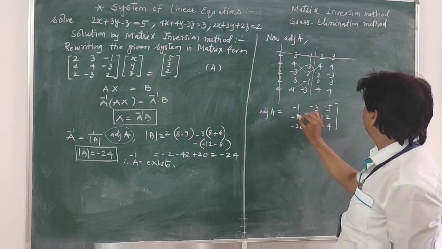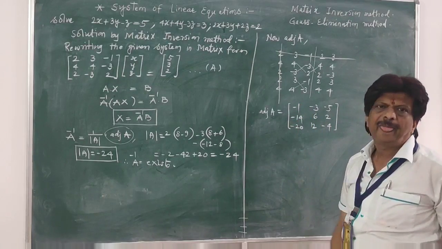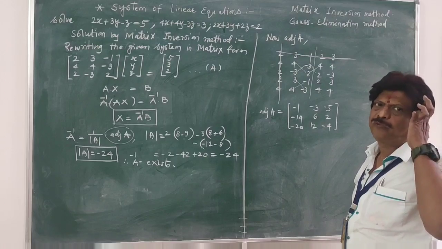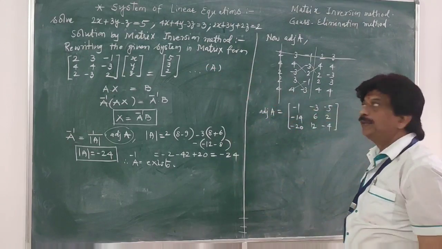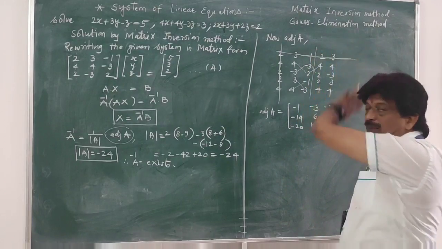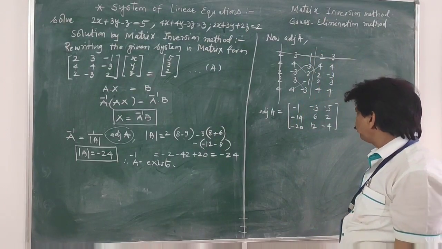So this is your adjoint of capital A, the coefficient matrix, formed by this very quick method.